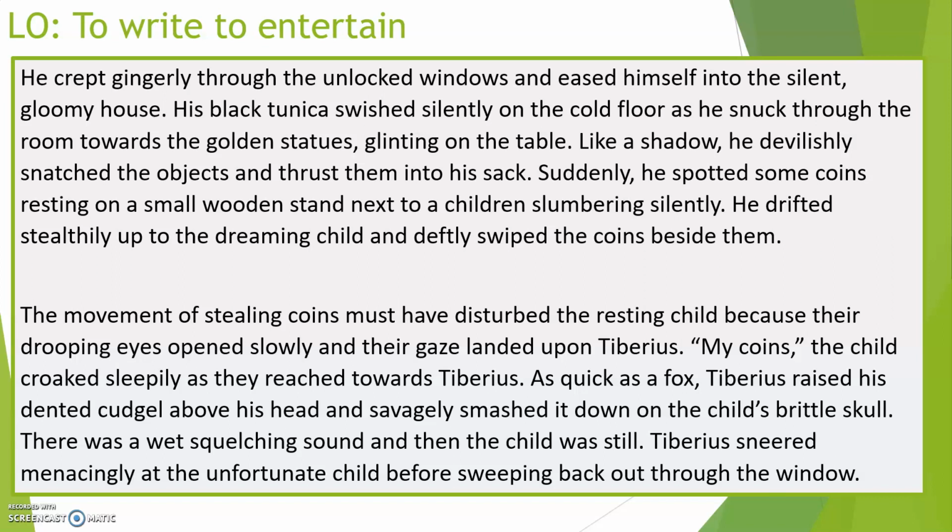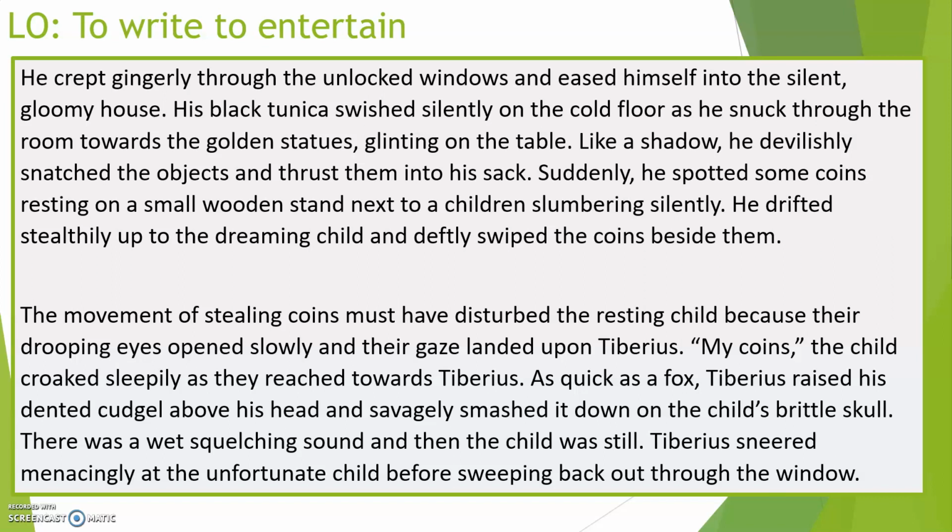His black tunica swished silently on the cold floor as he snuck through the room towards the golden statues glinting on the table. Like a shadow, he devilishly snatched the objects and thrust them into his sack. Suddenly, he spotted some coins resting on a small wooden stand next to a child, slumbering silently. He drifted stealthily up to the dreaming child and deftly swiped the coins beside them.